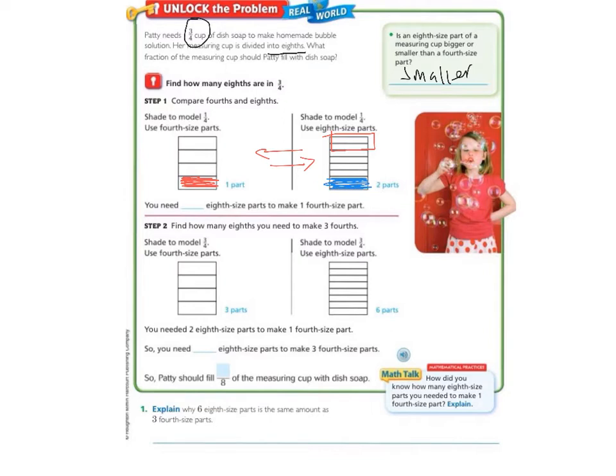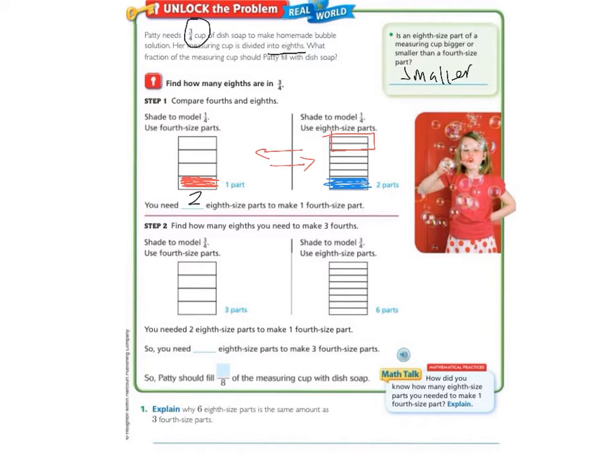So then if I need 1/4 and I look at the right side and I'm looking at eighths, I need 2 eighths. So in order to fill our measuring cup, we need 2 eighth size parts to make a 1/4 because 1/4 and 2 eighths are equivalent.